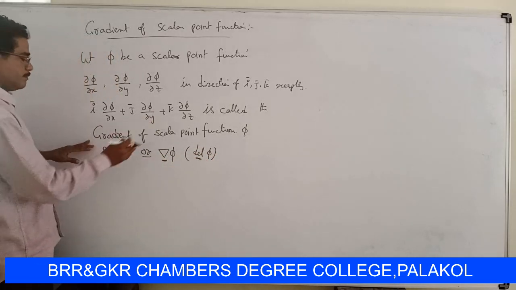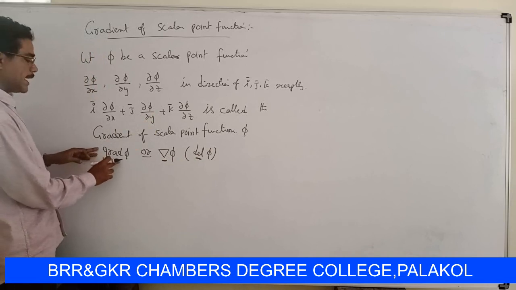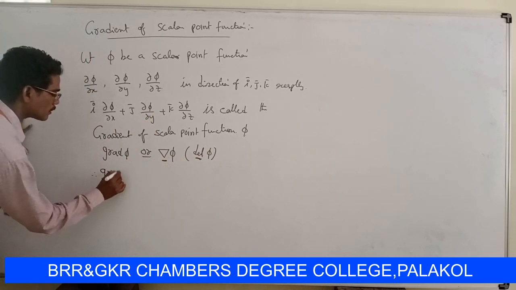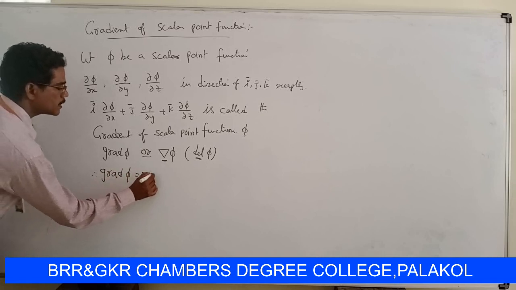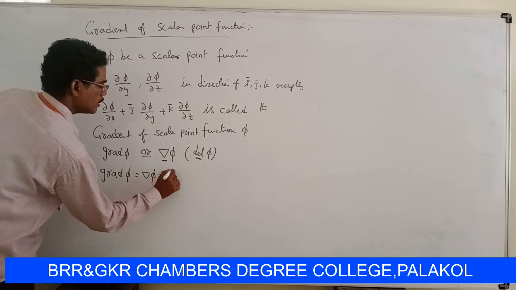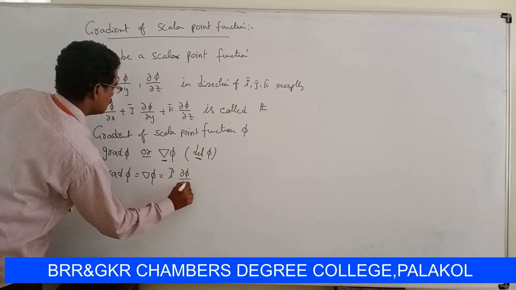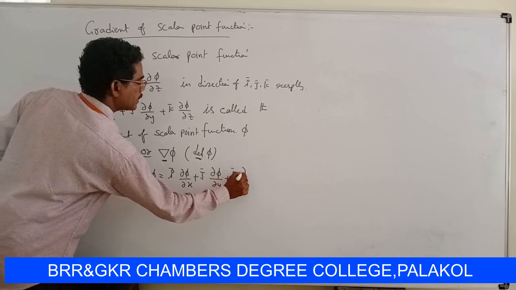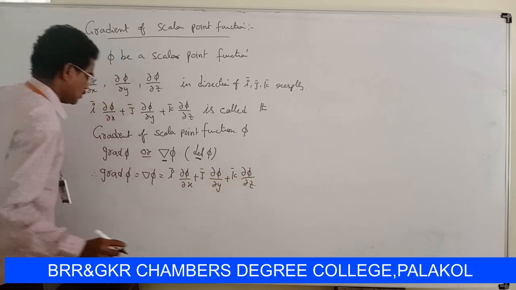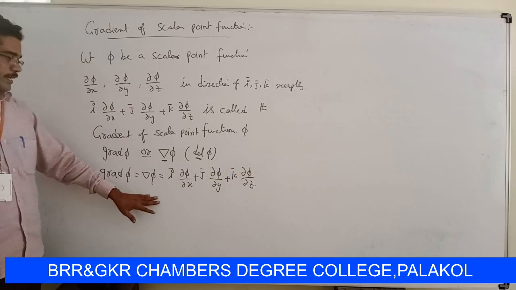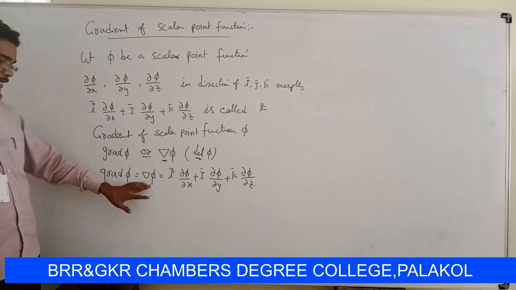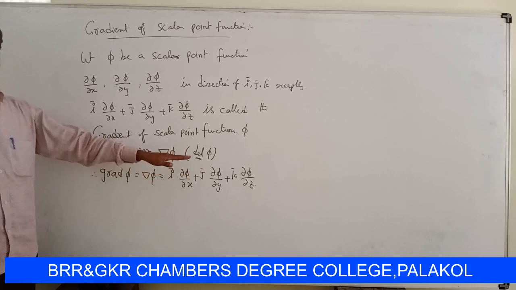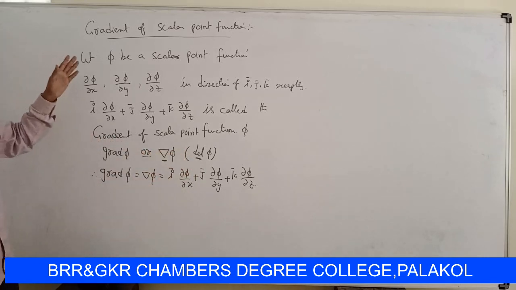So the gradient of phi is simply written as grad phi or del phi. Finally, the formula of the gradient is grad phi equals, symbolically, del phi equals i ∂phi/∂x plus j ∂phi/∂y plus k ∂phi/∂z. So this is the gradient of a scalar point function.